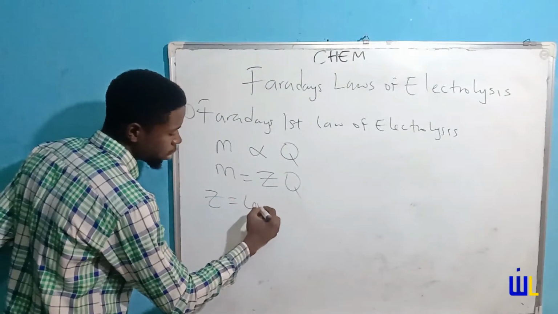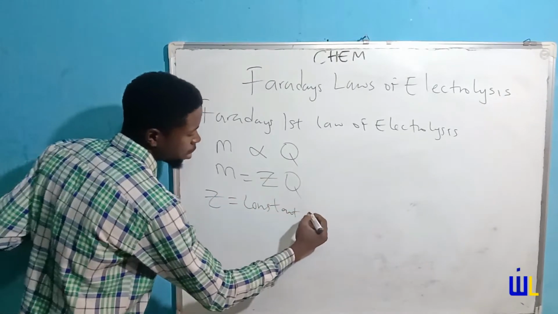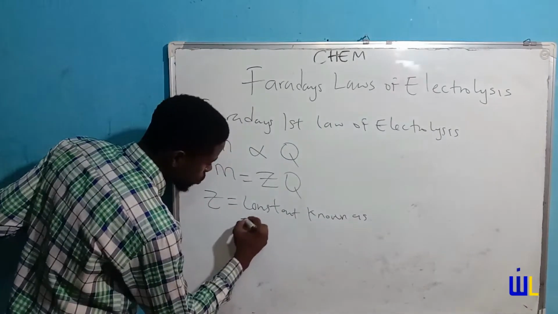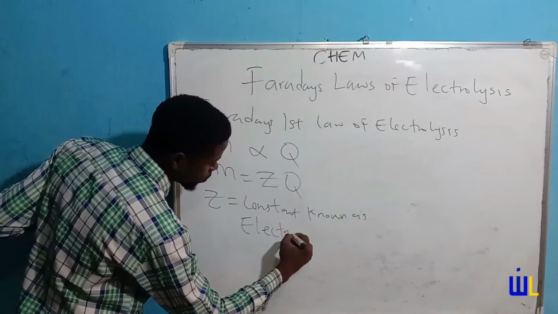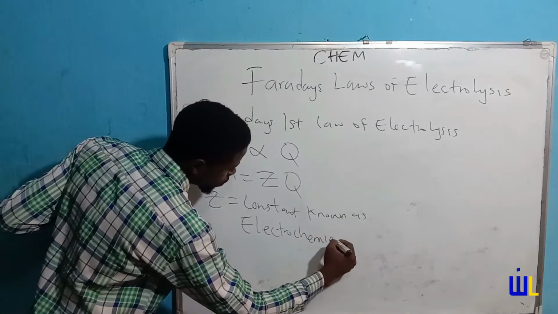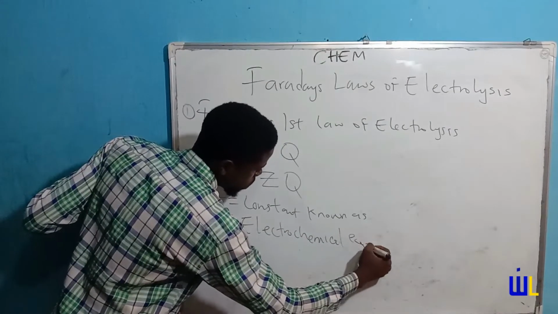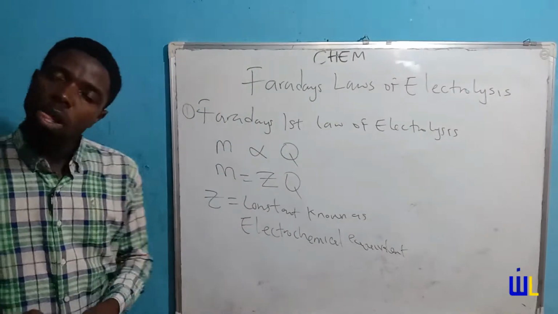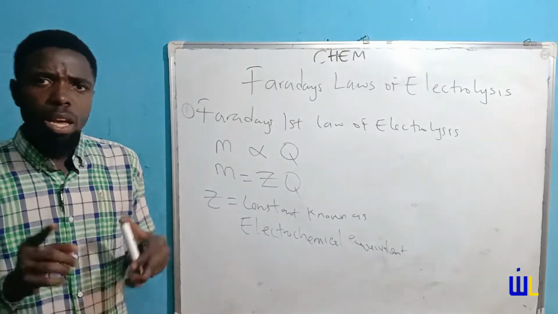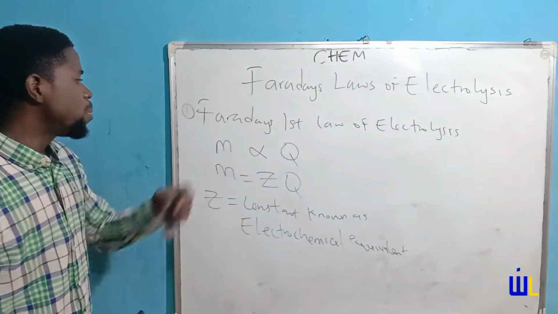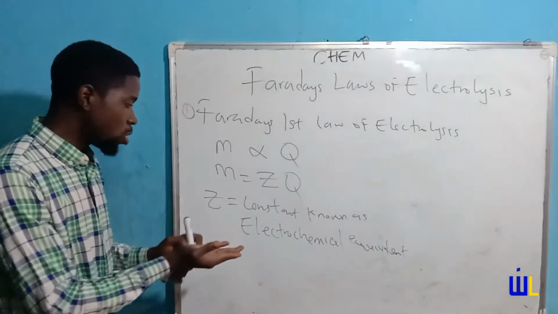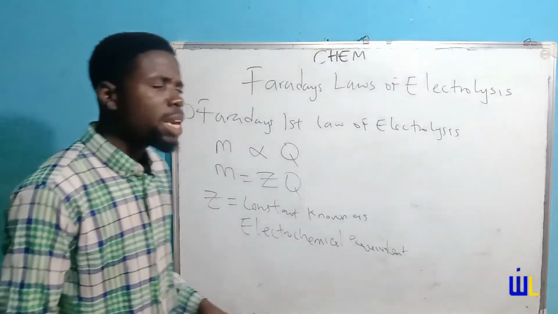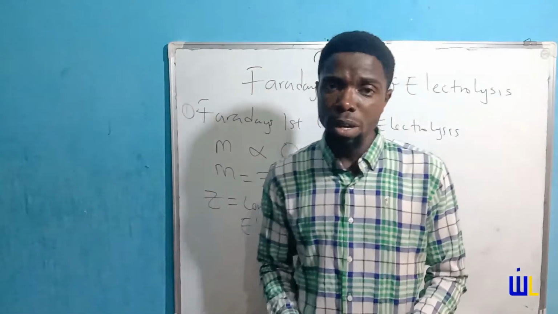Z is a constant, and this constant is known as the electrochemical equivalent. So put this down. M is directly proportional to Q, and M equals ZQ, where Z is the constant known as the electrochemical equivalent. This is how to mathematically express Faraday's law.